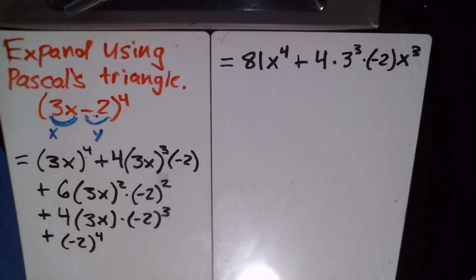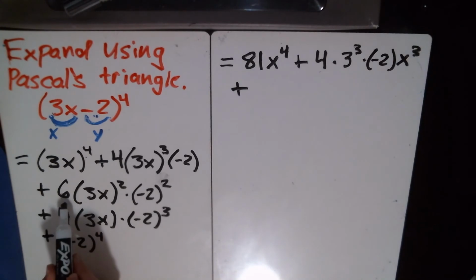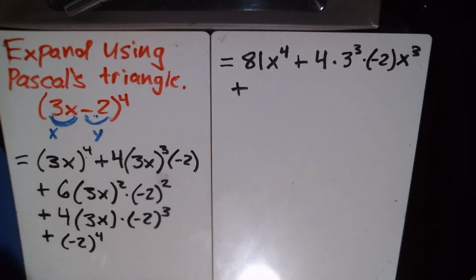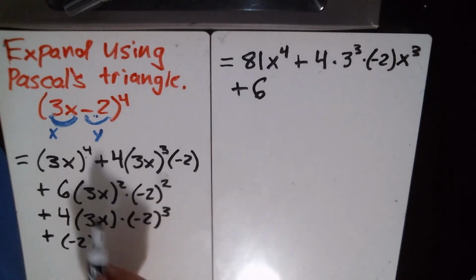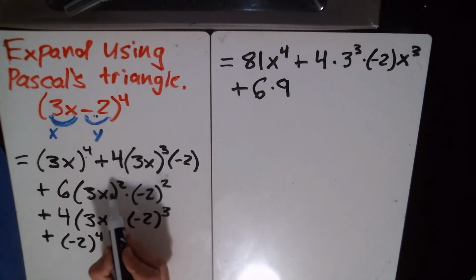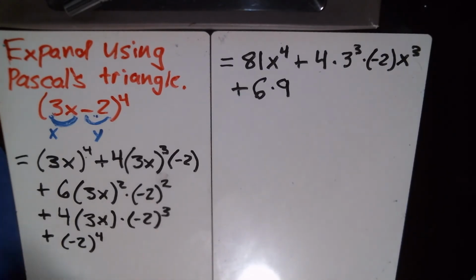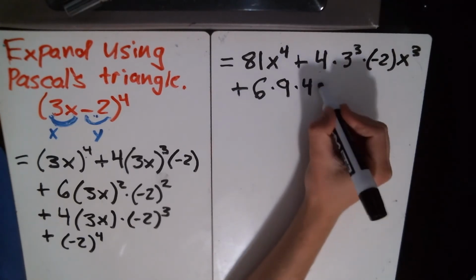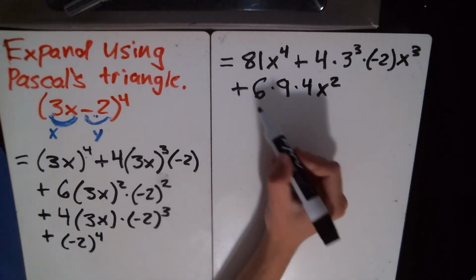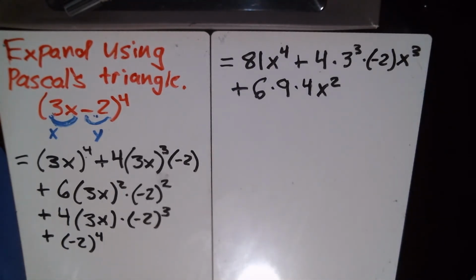Plus 6 times, we distribute our square on both things. When I square 3, I get 9, and we're going to get an x squared, but we're also going to get -2 squared, which is 4. I'm just combining all the numbers together.